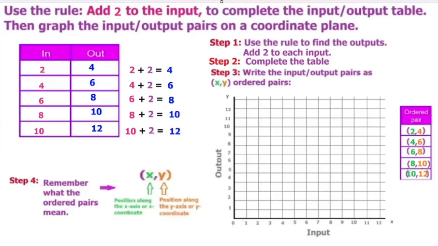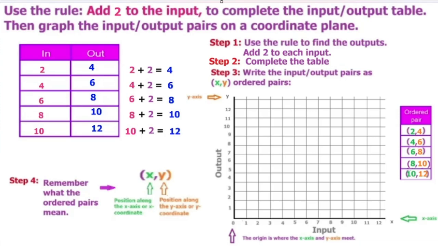Okay? So now we need to remember this is the x-axis, this is the y-axis, and this is the origin here. The origin is where the x-axis and the y-axis meet.